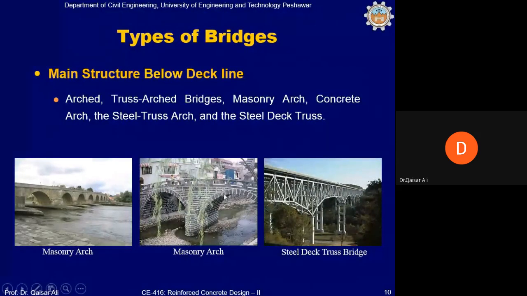So when the main structure is below the deck line, these are the truss arch bridges, and whatever trusses are available, whether they are of concrete, masonry, or any other system, or a combination of these, they will fall in this category.